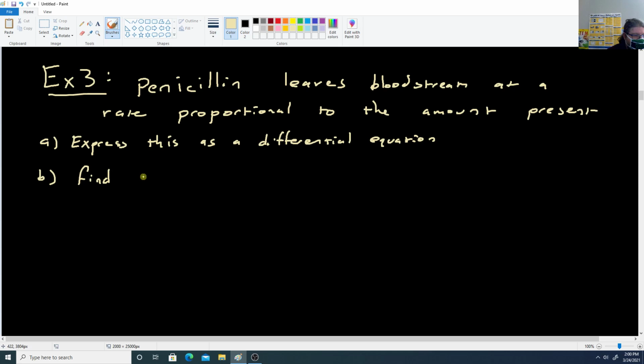So that's the K value. If 50 milligrams are present in the bloodstream 7 hours after initial injection of 450.